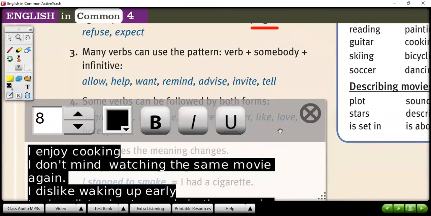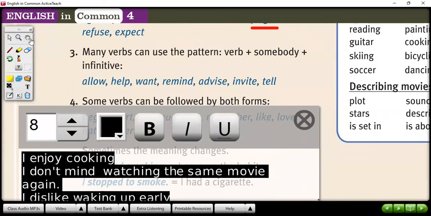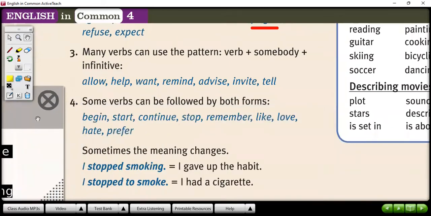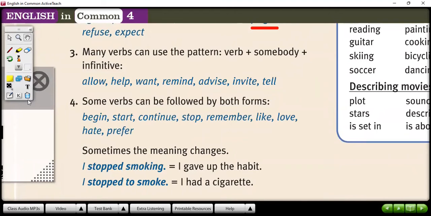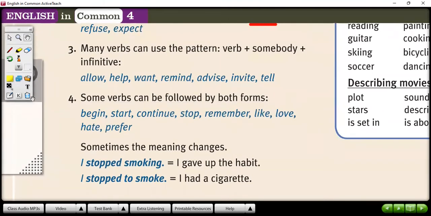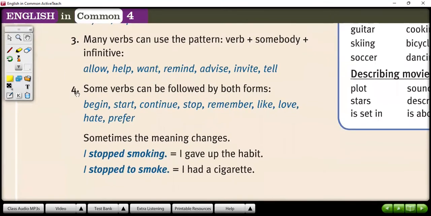And some verbs can take the pattern verb plus object, somebody or someone, plus the infinitive, like allow, help, want, remind, advise, invite, tell.